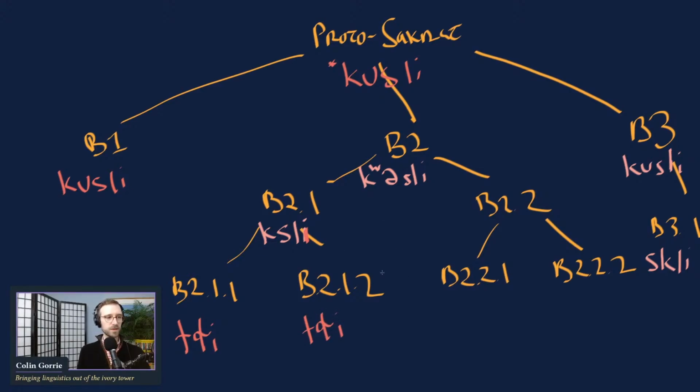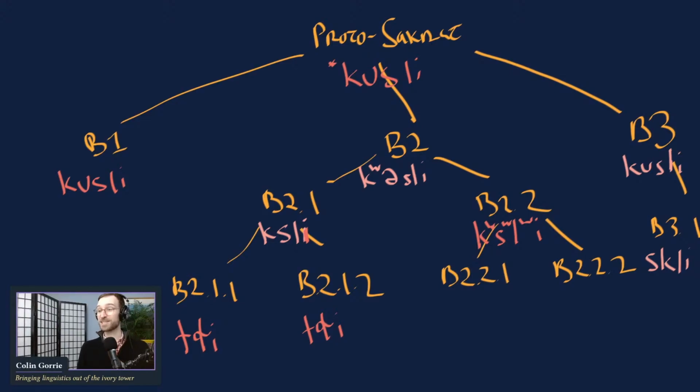Then in 2.2, what happens is we lose this vowel, like in 2.1, but the secondary articulation spreads across the entire cluster. So we have kusli. I think I saw someone mention that there's some real schwa vibes there, and I agree.